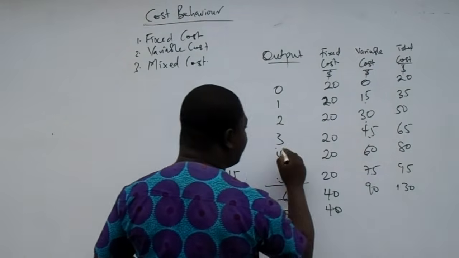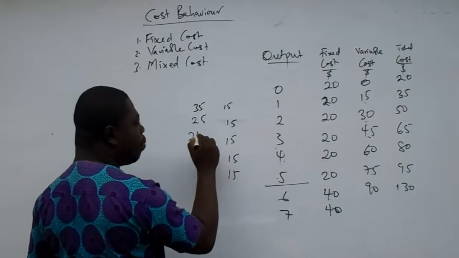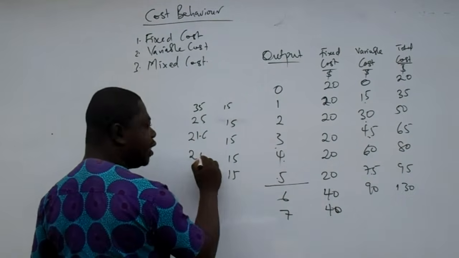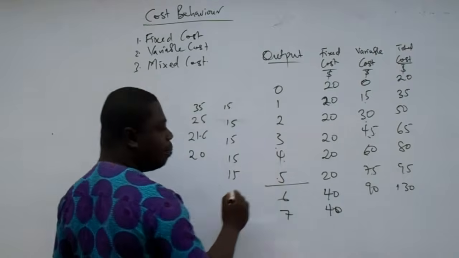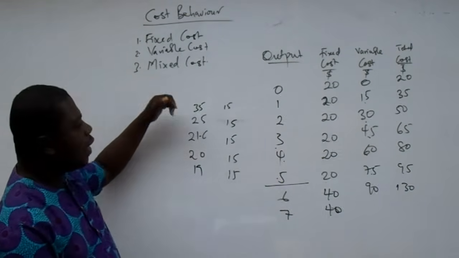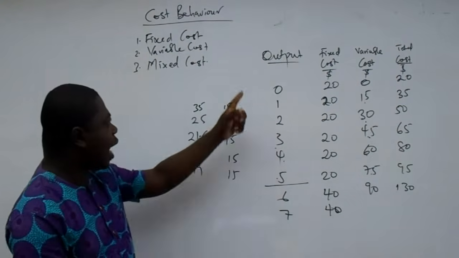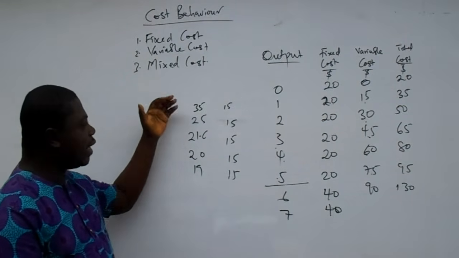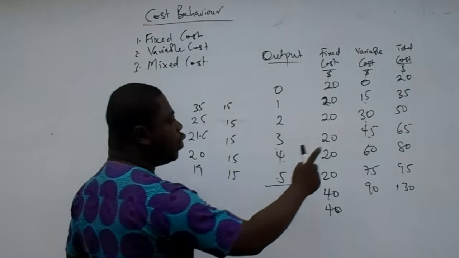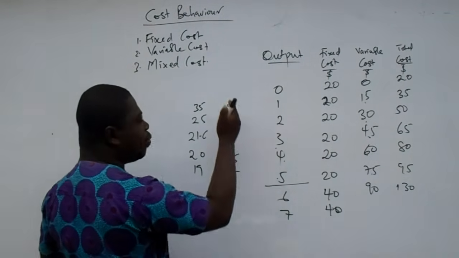If you divide 65 by 3, you have 21.66 whatever. If you divide 80 by 4, you have 20. And if you divide 95 by 5, you have 19. What you observe is that if you divide a mixed cost by output, it changes. The figure will reduce per unit. But if you divide variable cost by output, it is constant.